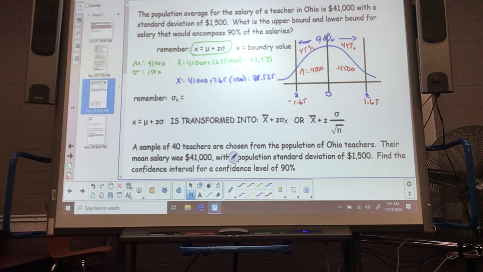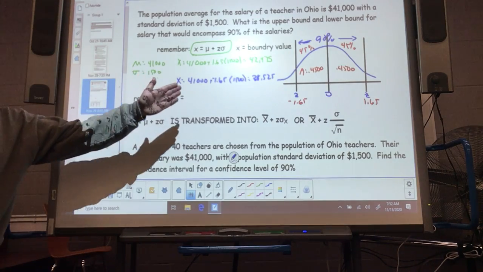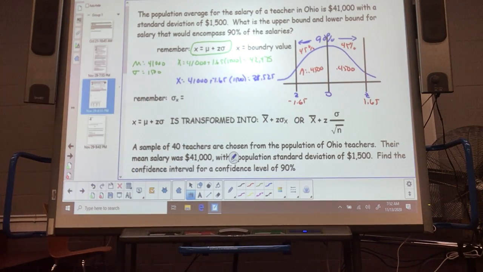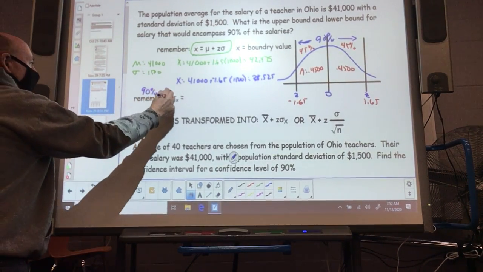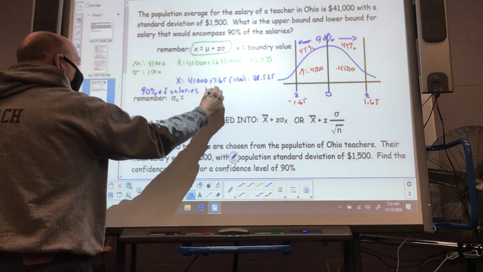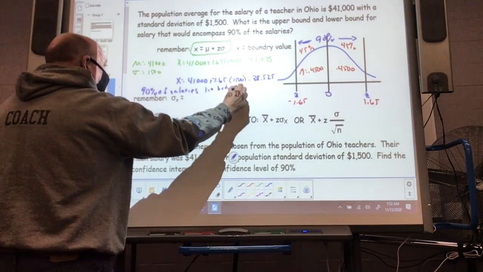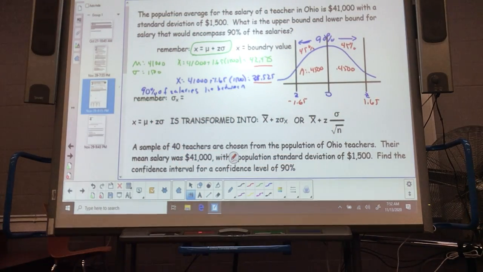So we're 90% confident that if we pick somebody at random, the salary is going to be somewhere between these two values, because 90% of the salaries are going to lie between 38,525 and 42,475.